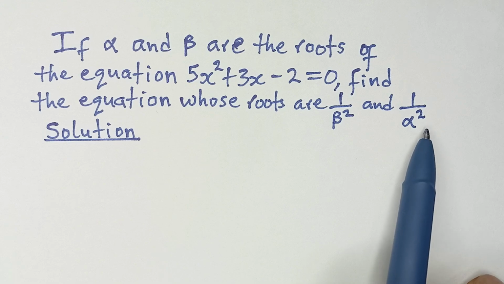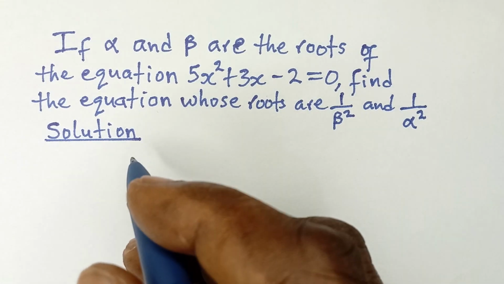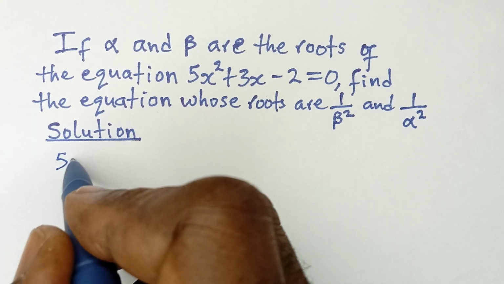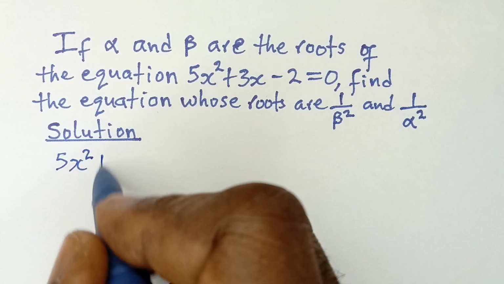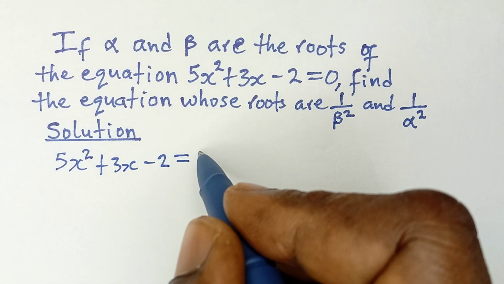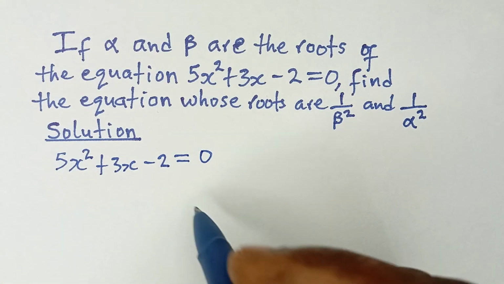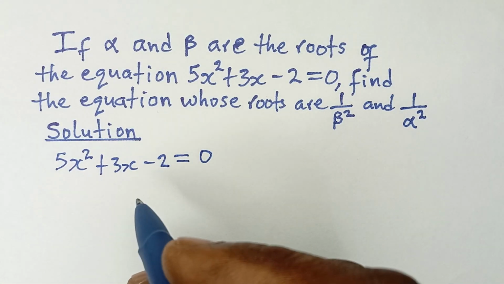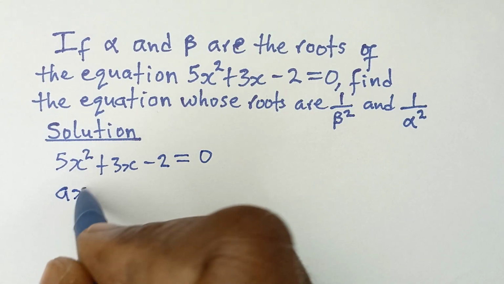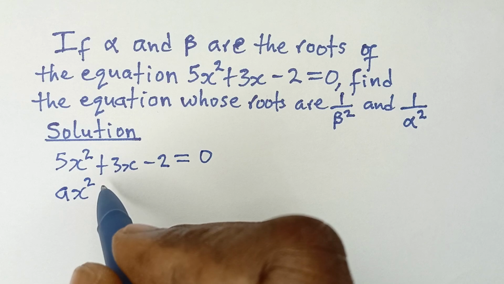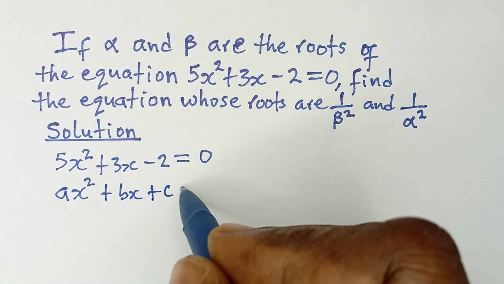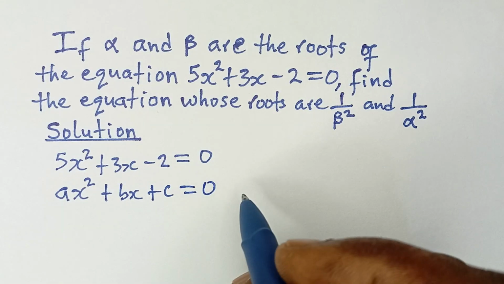Now, let us write down the equation, and that is 5x squared plus 3x minus 2 is equal to 0. Now, the general form of a quadratic equation can be given as ax squared plus bx plus c is equal to 0.